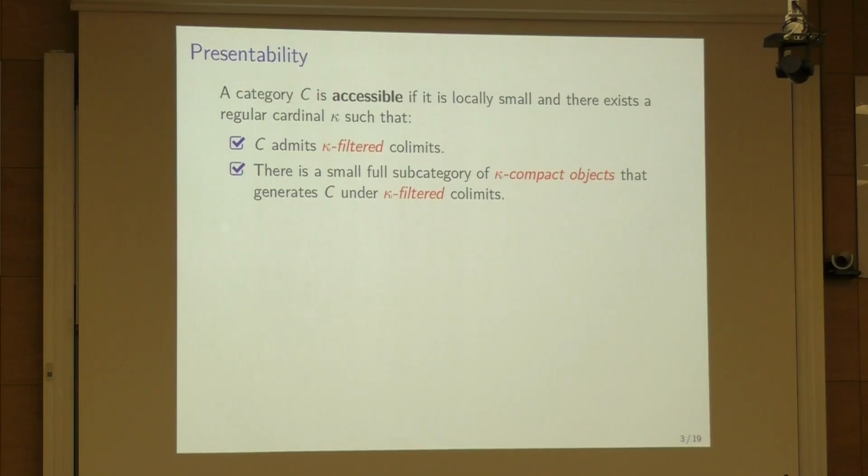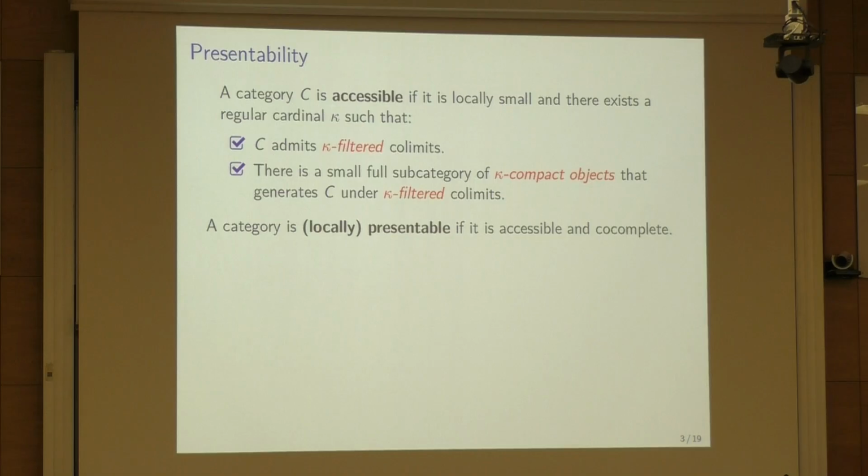First we need to define an accessible category, which is locally small, has kappa-filtered colimits, and there is a small full subcategory of kappa-compact objects, such that this small full subcategory generates the whole category by kappa-filtered colimits.